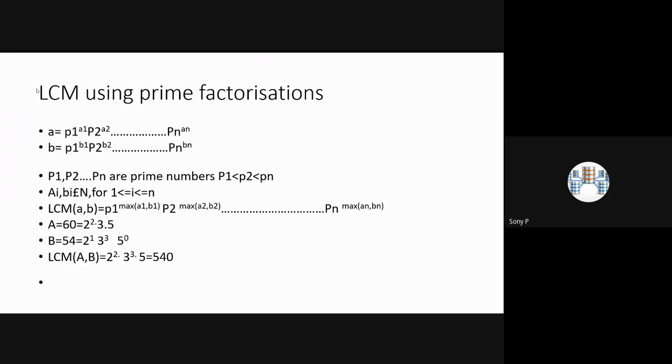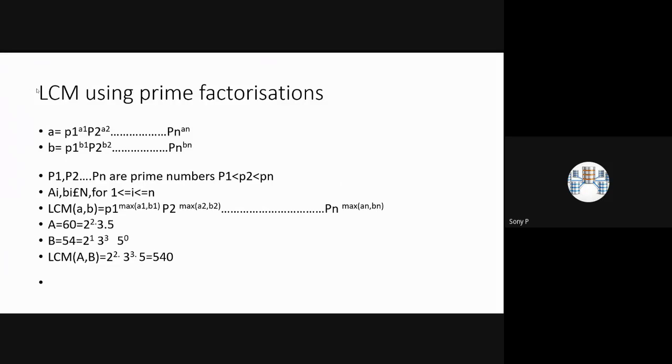Then the LCM of a and b will be p1 raised to maximum of a1 b1 into p2 raised to maximum of a2 b2 up to pn raised to maximum of an bn. Suppose the first number a is 60 and the second number b is 54.